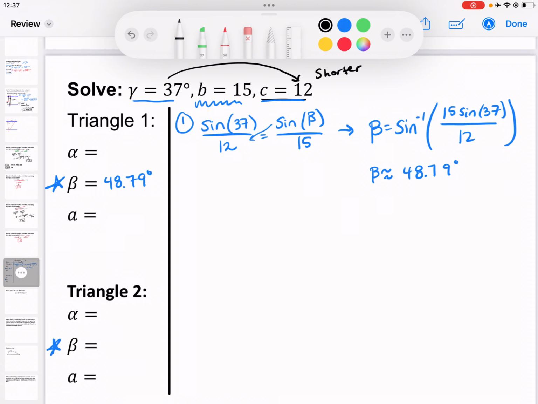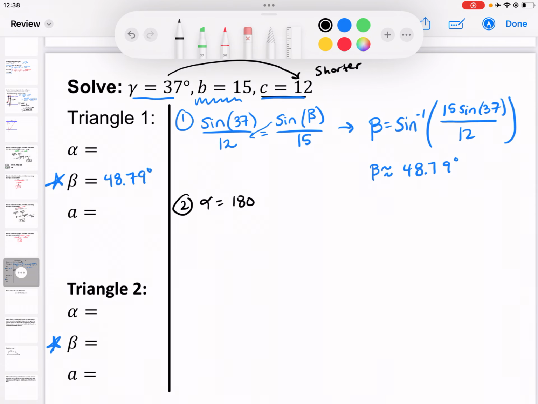Now that we have that, step 2 would be to find alpha. We'll find alpha by doing 180 degrees minus that 48.79 minus our original 37 degrees. So I'm going to go ahead and do that, and I get that alpha is 94.21 degrees.